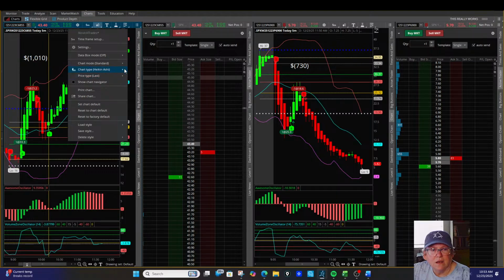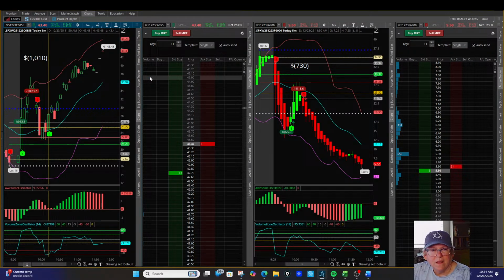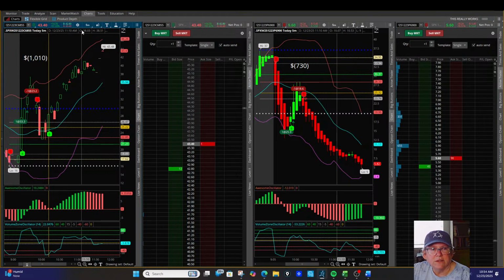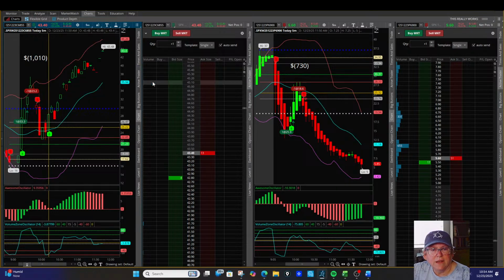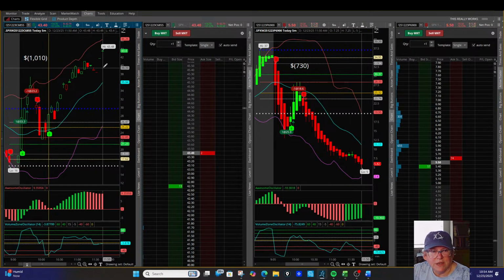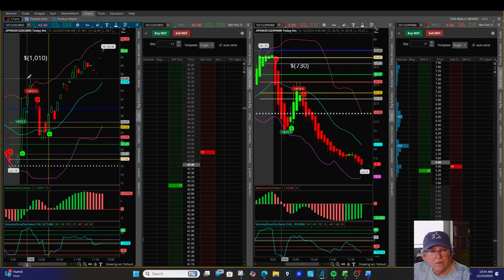Okay, that's something else. Let me change it. Let's look at the candle trend. It's almost the same thing. We've got these hollow bars. I'm not too big of a fan of the hollow bars, but this appears to just go up, down.